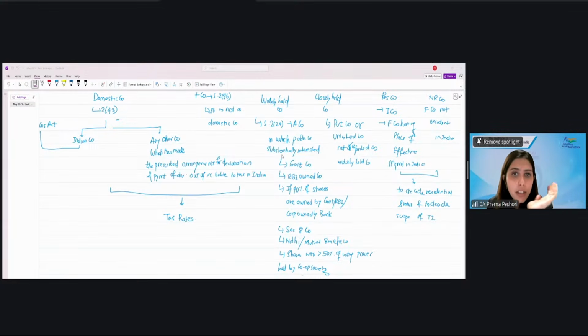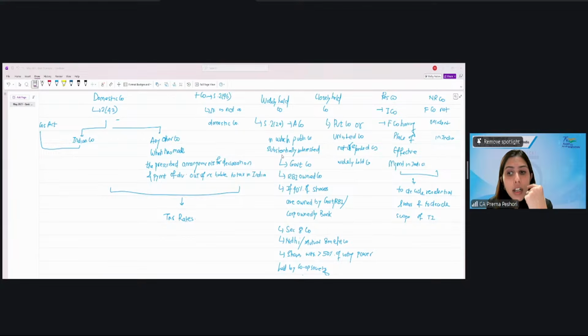Then what is the capital receipt? Capital receipts are essentially going to be one of a kind income, right? Which are capital in nature. For example, capital gains. It is a capital receipt, right?